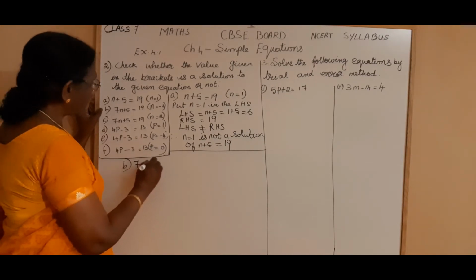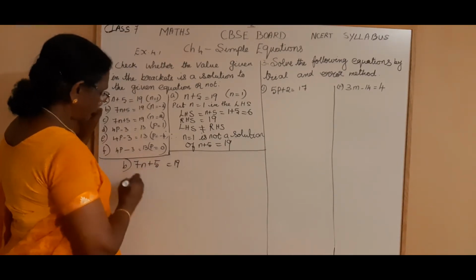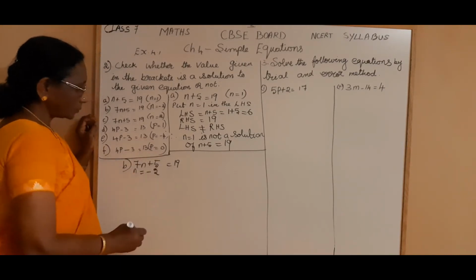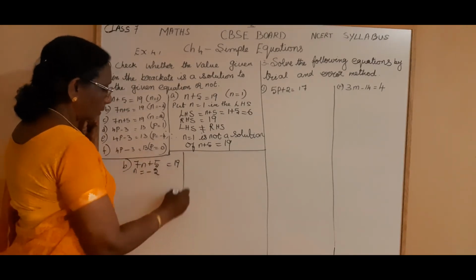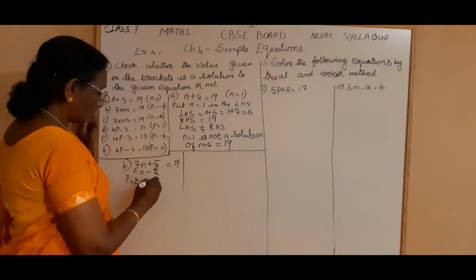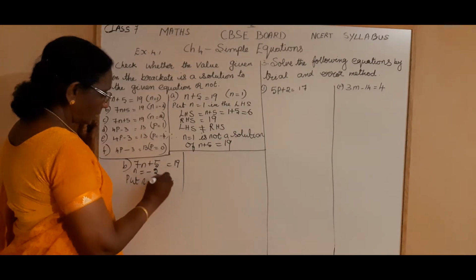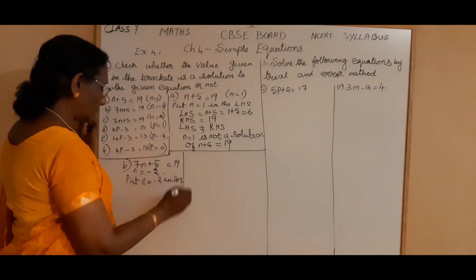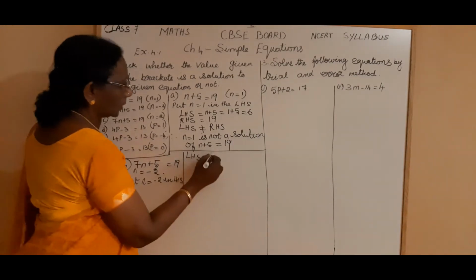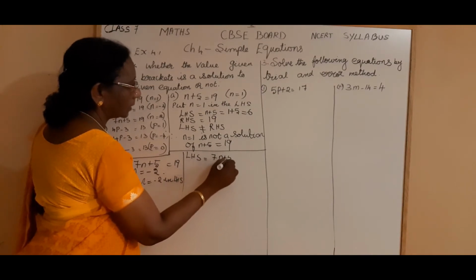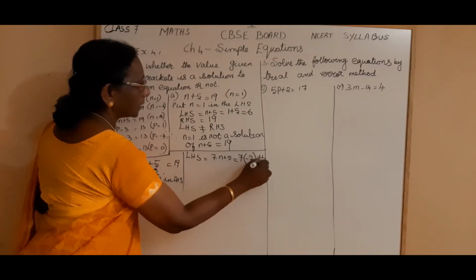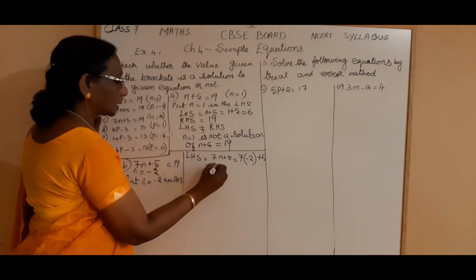Now we'll do sum number B. 7n plus 5 is equal to 19 and n is equal to minus 2. Okay, so now what should you do? Put n is equal to minus 2 in LHS. So what is LHS? LHS is equal to 7n plus 5 is equal to 7 into minus 2 plus 5. So what do you get? Yeah, 7 twos are 14.